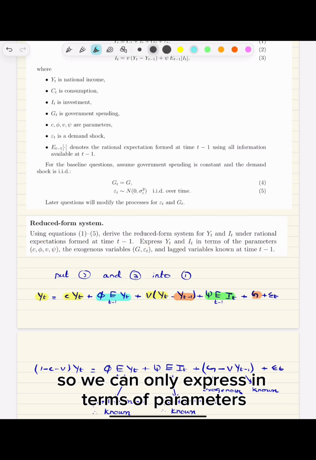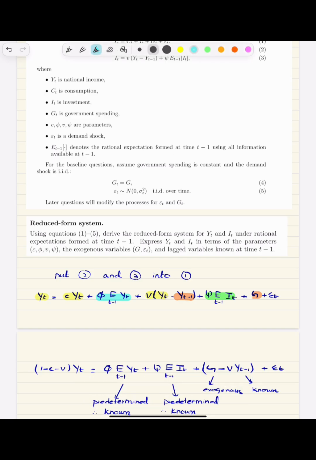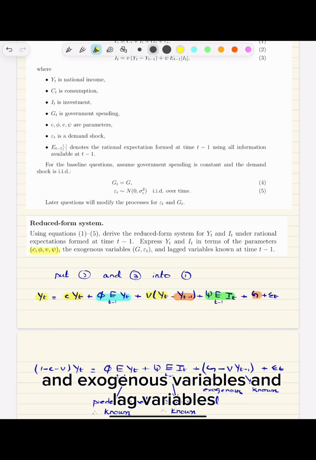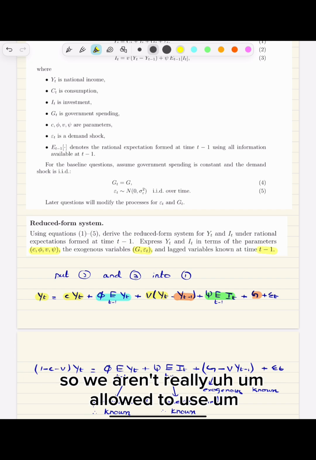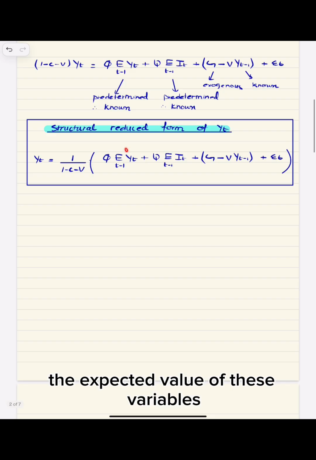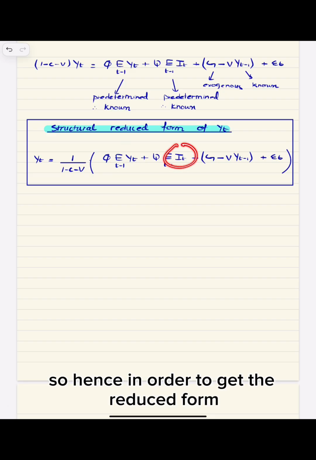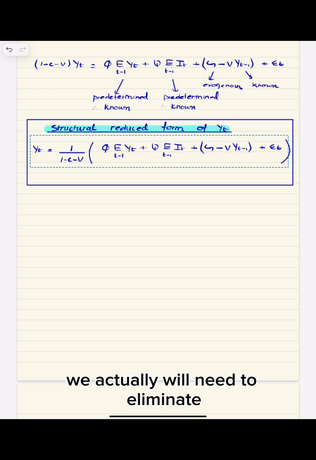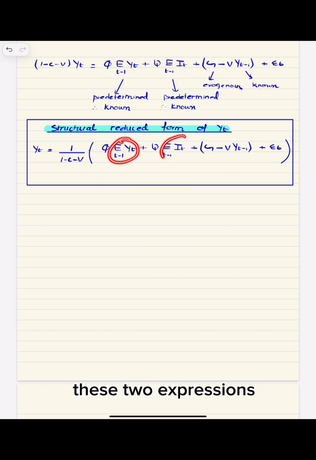So we can only express in terms of parameters, exogenous variables and lagged variables. So we aren't really allowed to use the expected value of these variables. Hence, in order to get the reduced form, we will need to eliminate these two expressions.